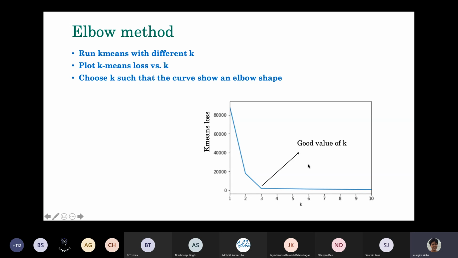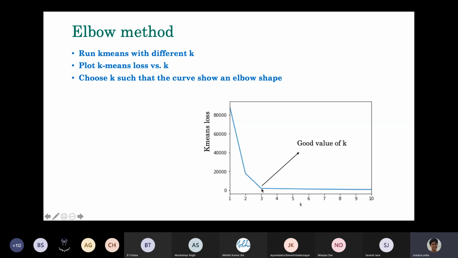Okay. So ideally this loss versus k plot should look like this. And so see, this is like a graph elbow, right? It is like someone's hand, like in our hand, the elbow looks like this between the forearm and the arm.